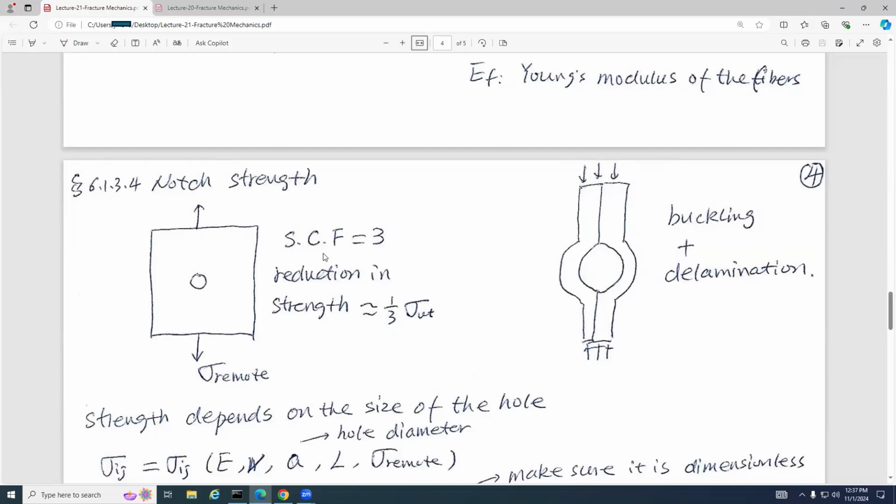Whenever you have defects in the material, you will have stress concentration. The higher the stress concentration factor, the worse the material will be, because the reduction of the strength will be the reciprocal of this SCF times the ultimate strength of your material.